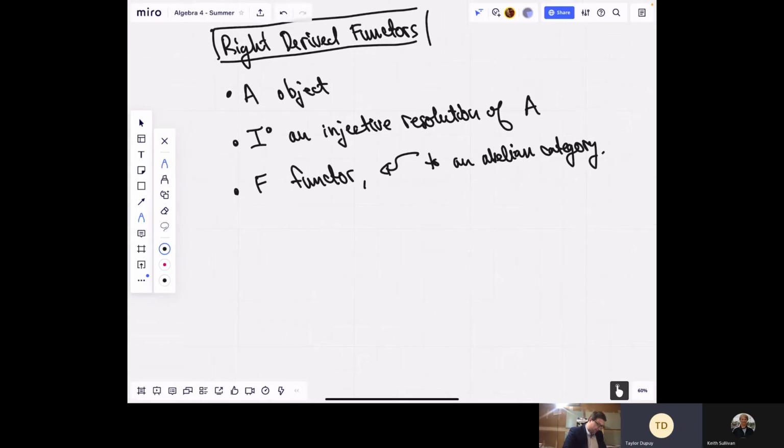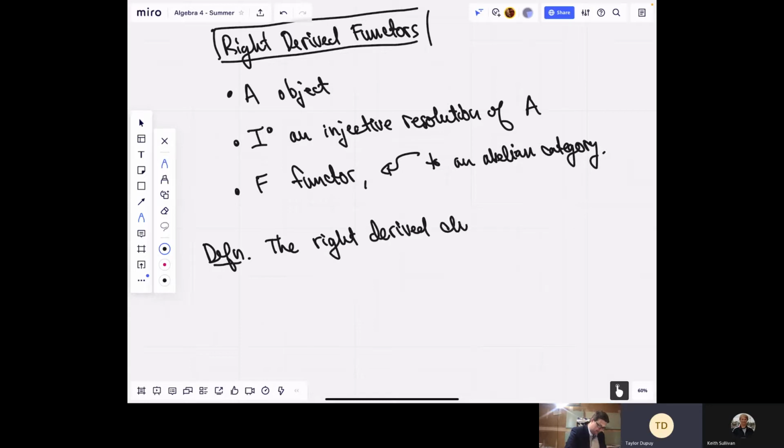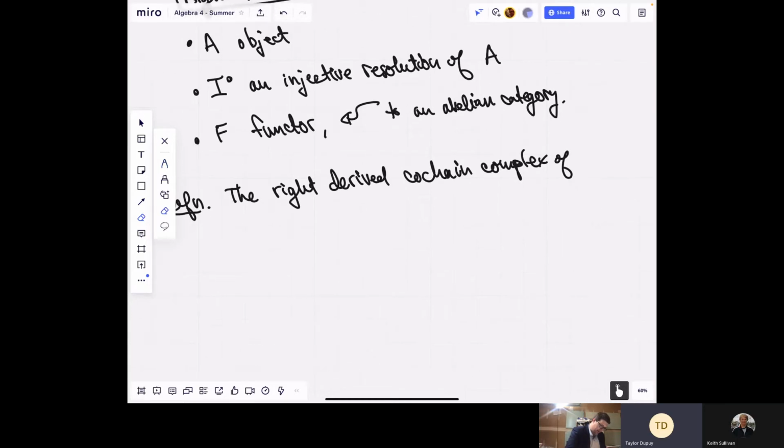So then what you define is RF, the right derived functor. So definition. Let's say the right derived cochain complex of A is this thing.